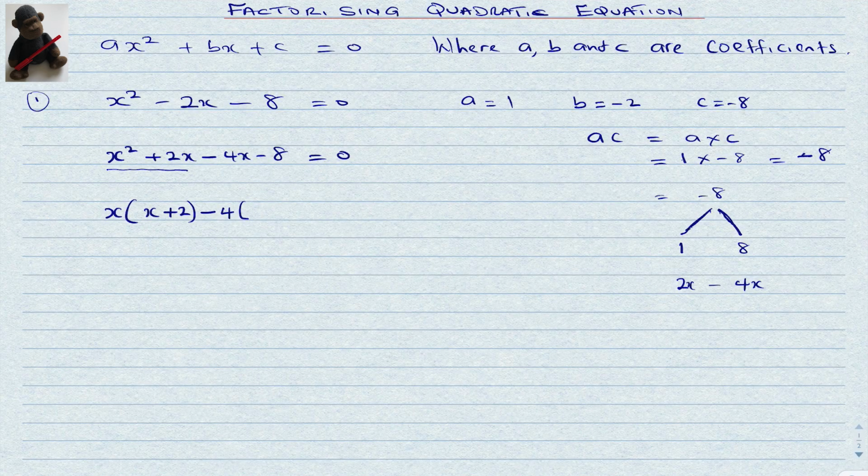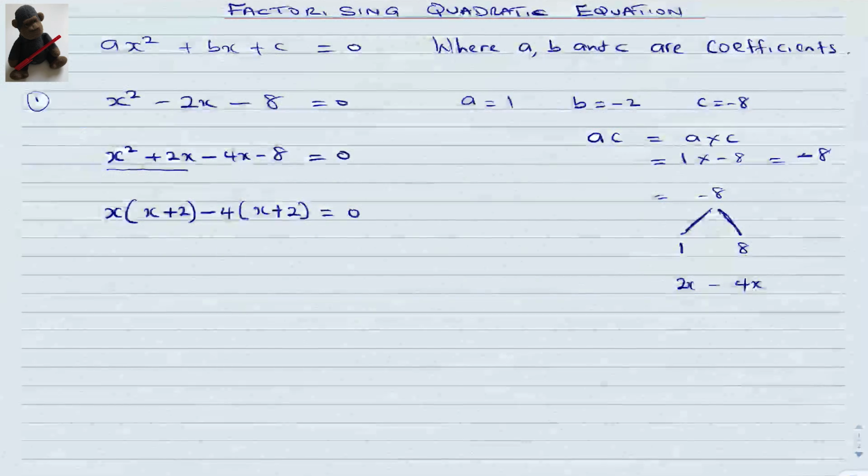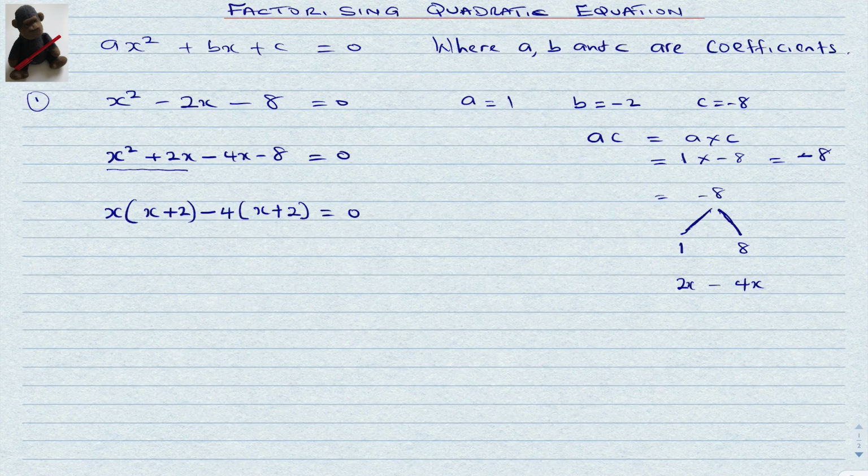So I'm going to get x minus, well, the sign, because there's a minus in front of it, will change to plus 2, equal to 0. Because when we expand the bracket, minus 4 times x is minus 4x, minus 4 times 2 is minus 8.